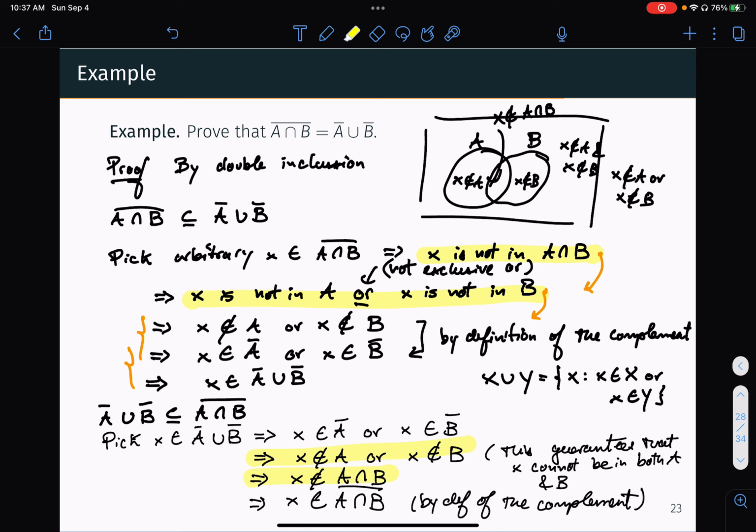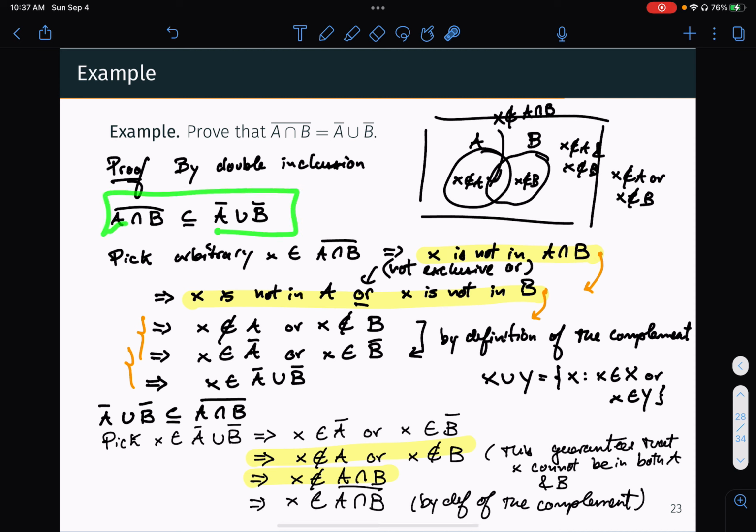Okay, so by the last two sub-proofs, I've shown that the complement of A intersect B is a subset of A complement union B complement, and that A complement union B complement is a subset of the complement of A intersect B.